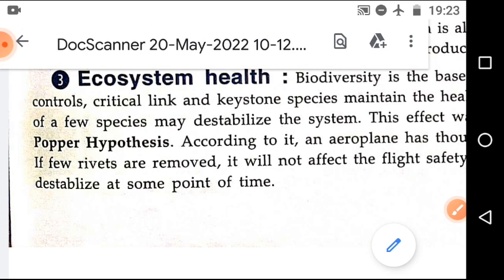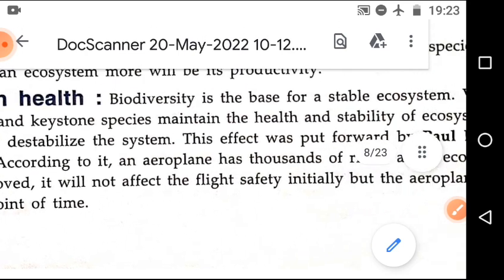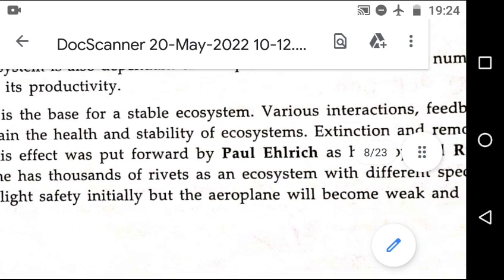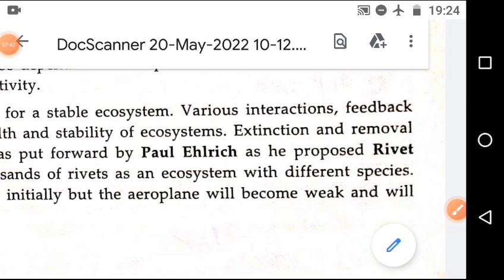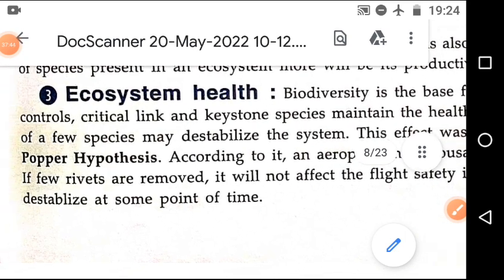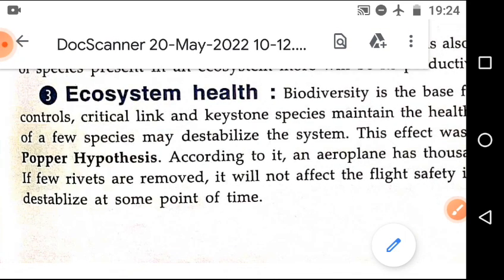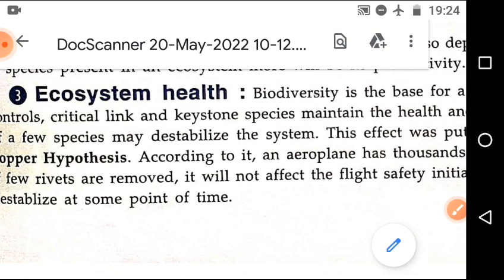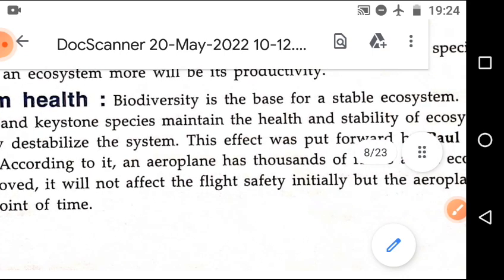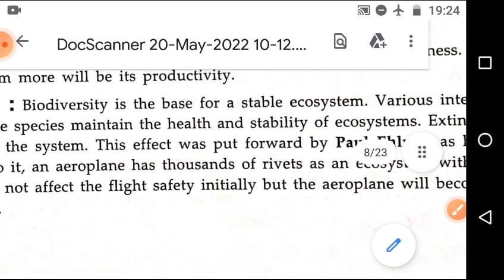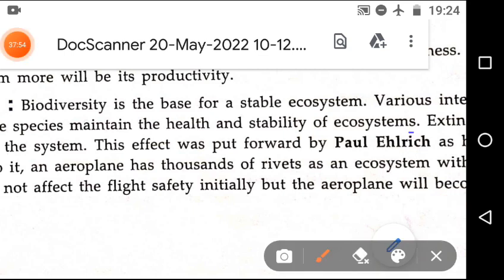So it is saying, again I am repeating, various interactions, feedback control, critical link, and keystone species maintain the health and stability of the ecosystem. Now to make the ecosystem stable, what we need to do, we need to interact among the species in various ways.